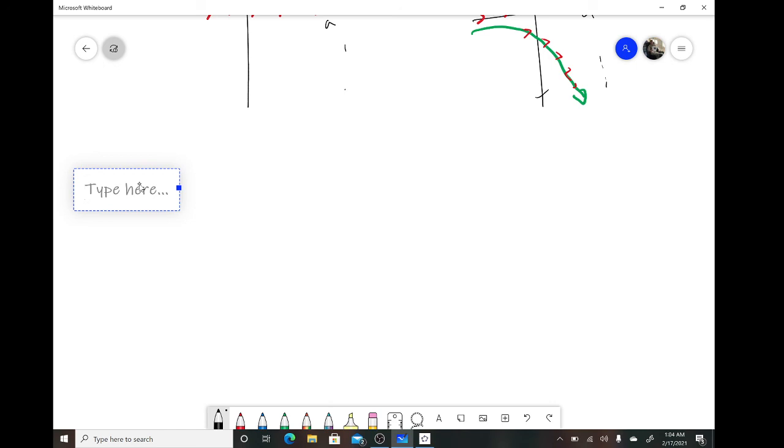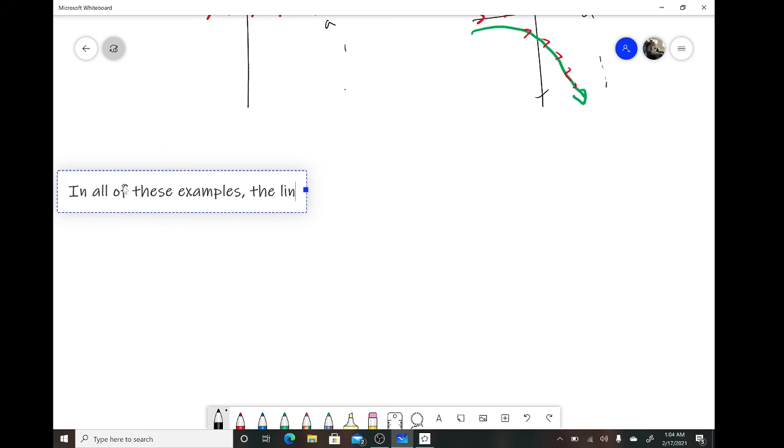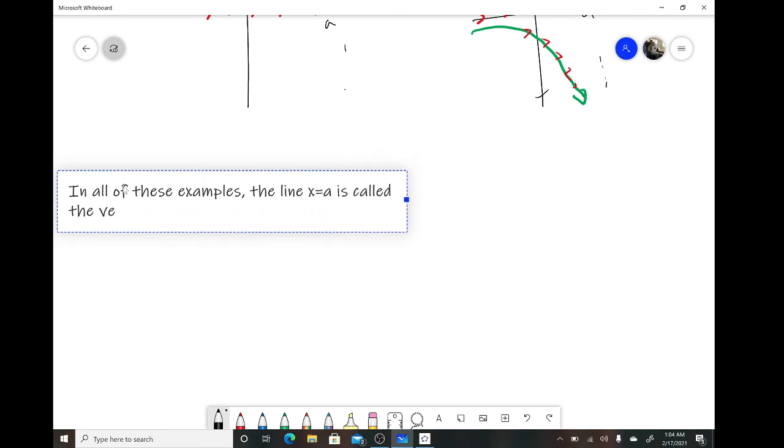Now, this is something that I mentioned during the review, but just so you know, in all of these examples, the line x equals a, which is that dashed vertical line, is called the vertical asymptote.